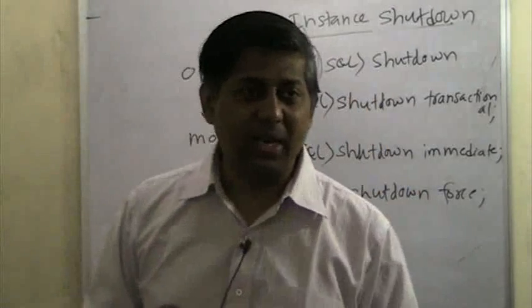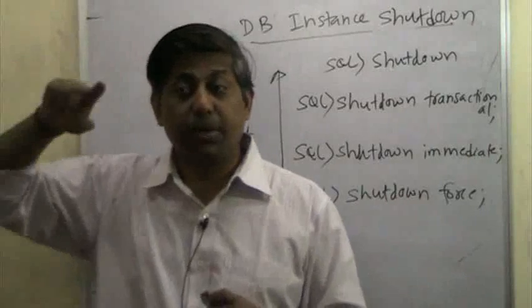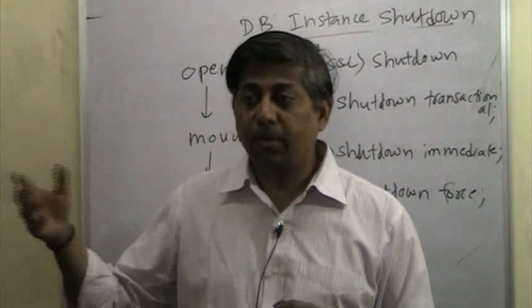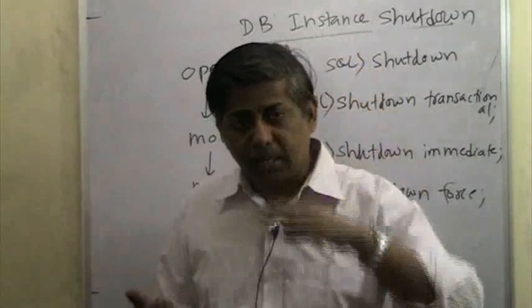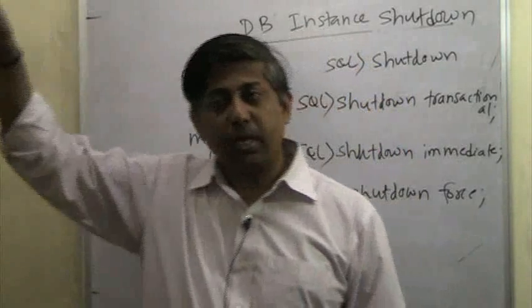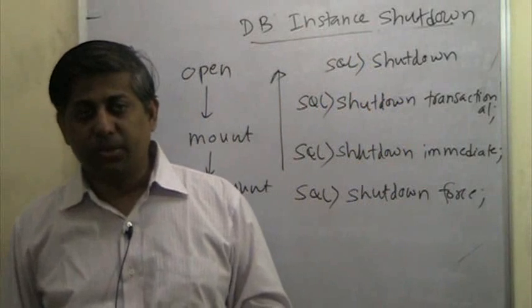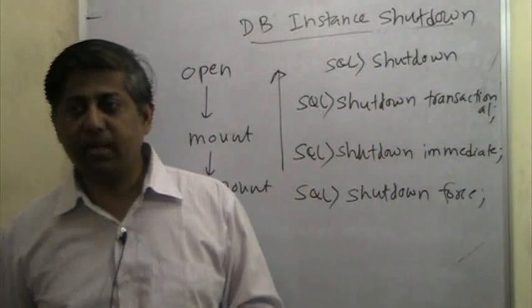Does that mean it is really lost? It is not lost, because the redo vector is written to the redo file whenever the transaction is committed. So the dirty data may not be written to the data file, but the corresponding committed transaction is definitely written to the redo file. So data may not be written, but redo is definitely on the disk.